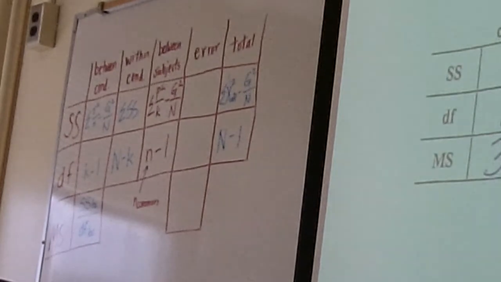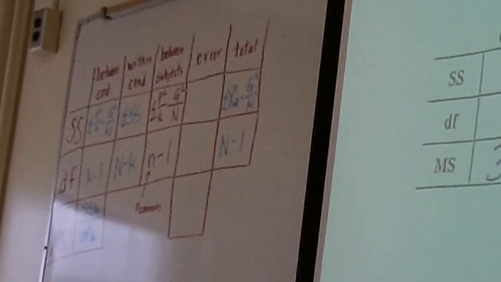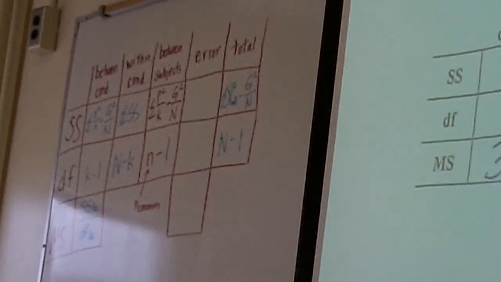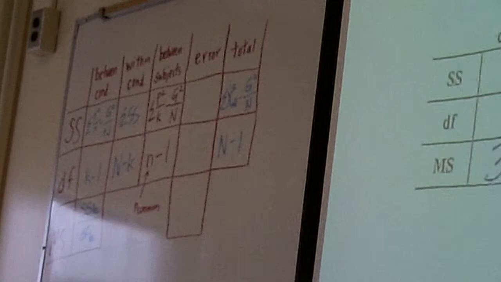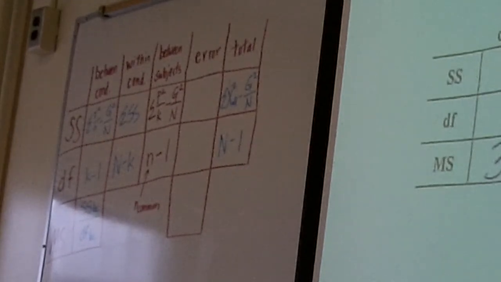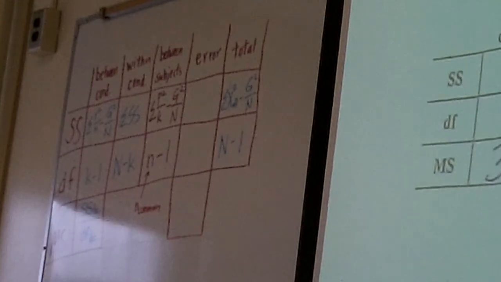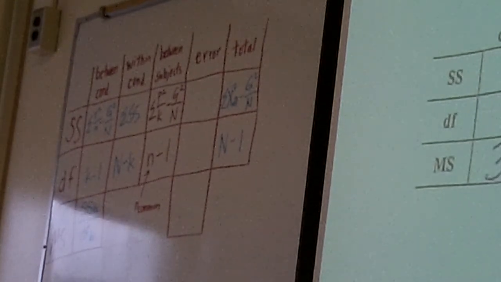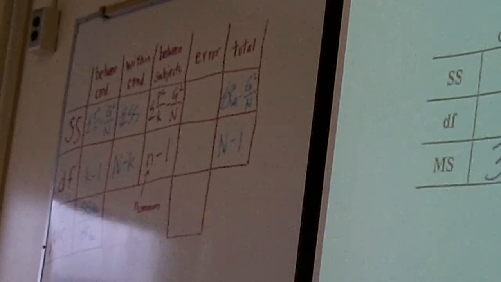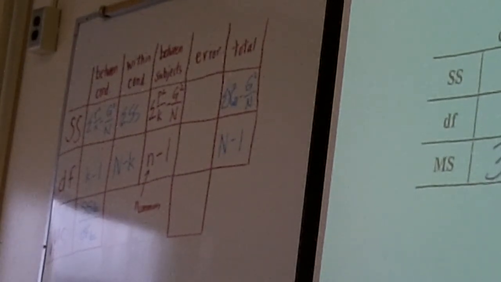Now, folks, this is a little bit crazy, but I think you can handle it. To get this number here, sum of squares error, this is the corrected sum of squares. This is the sum of squares for the denominator that has all of the extra individual differences stuff sucked out. So we're going to do an adjusted sum of squares.